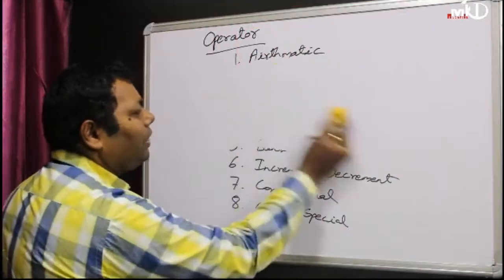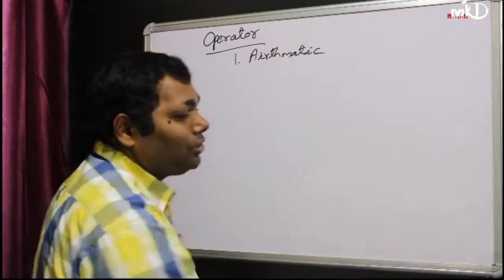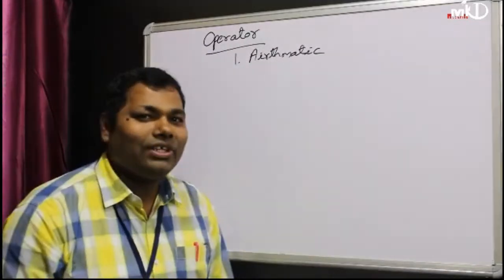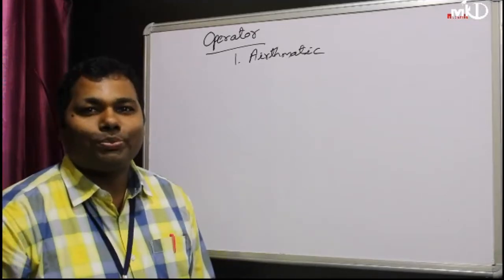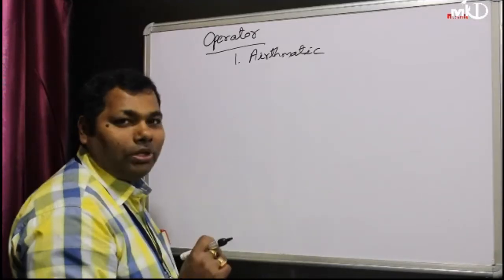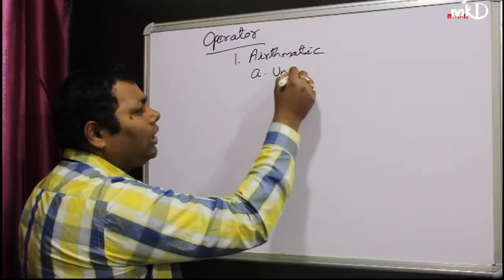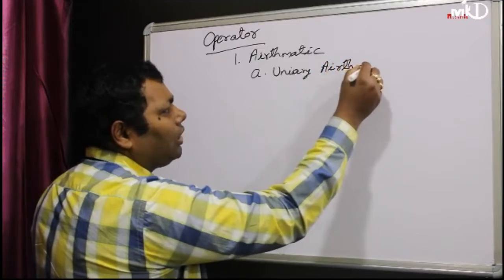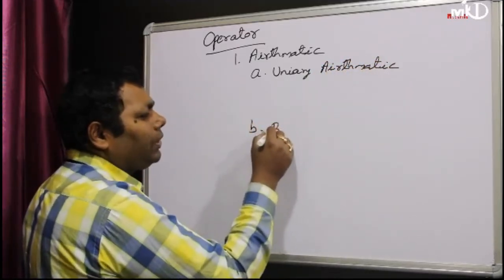First is the arithmetic operator, the operators which are available in your calculator. The arithmetic operators are used for calculation purposes. There are two types of arithmetic operator: one is the unary arithmetic operator, another is the binary arithmetic operator.